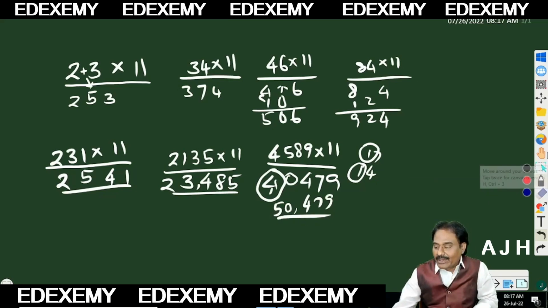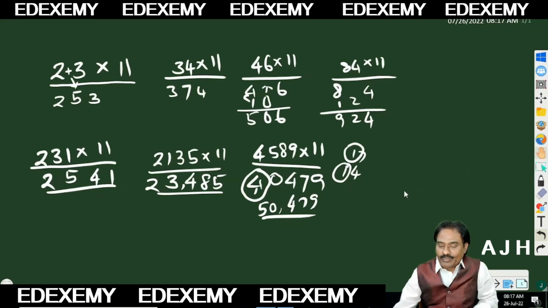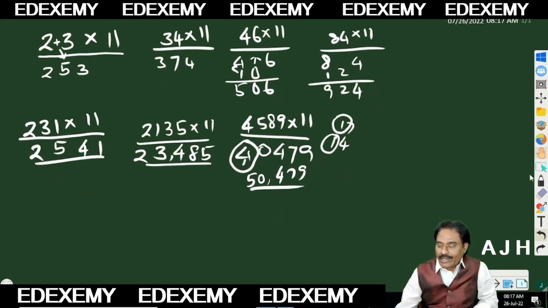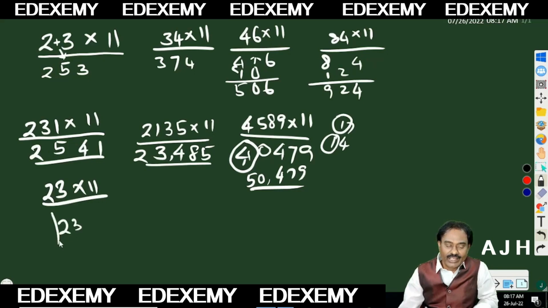Now we will extend this root pattern technique to another level. Now we will see this 23 into 11. I will show another pattern. Now you imagine there are zeros on both sides.